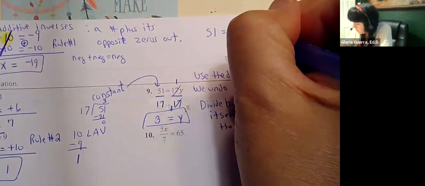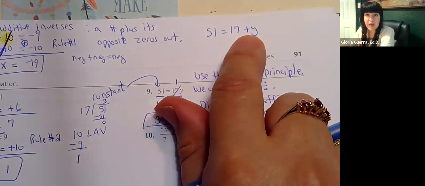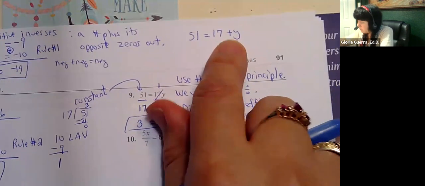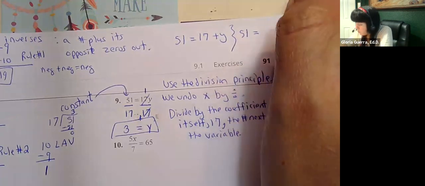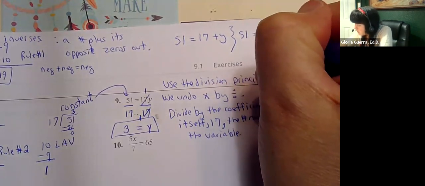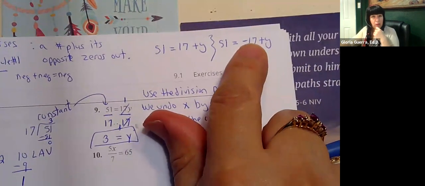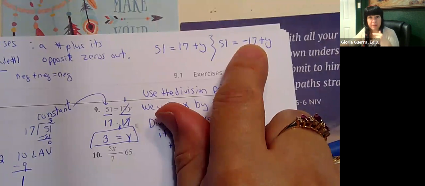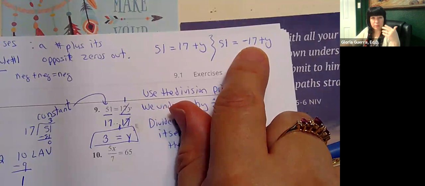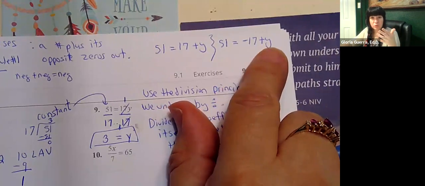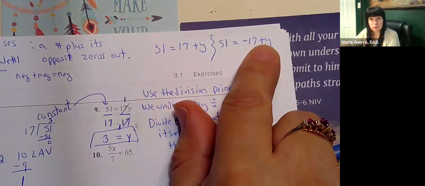17 plus y. See, you didn't have 17 being added onto y. You also didn't have 51 equals negative 17 plus y, maybe something like that, or 17 being subtracted from y.